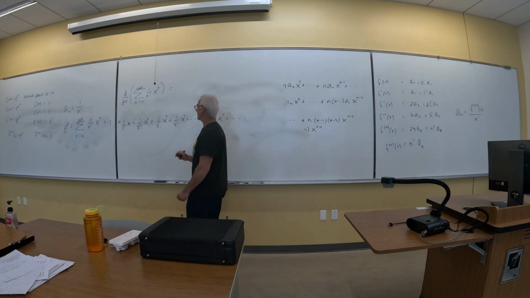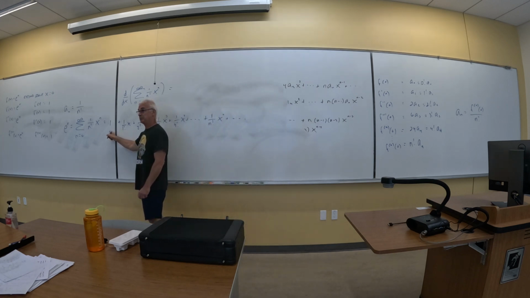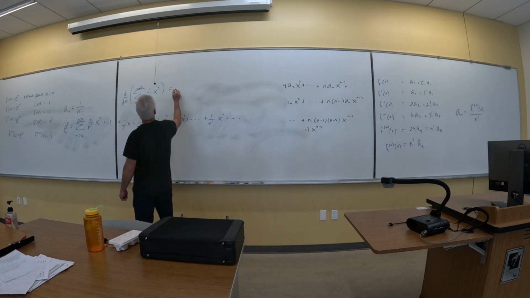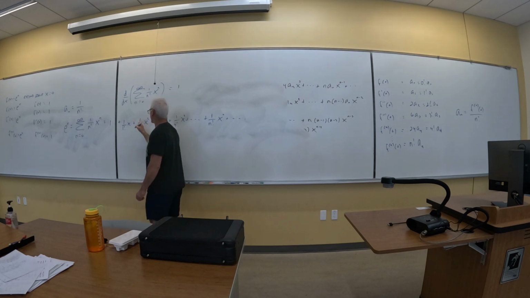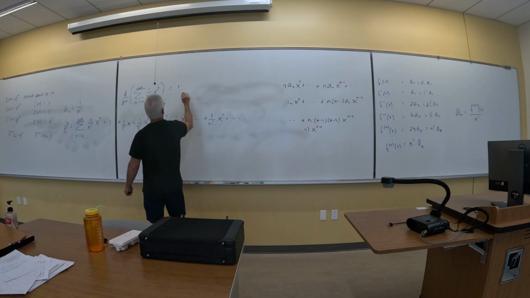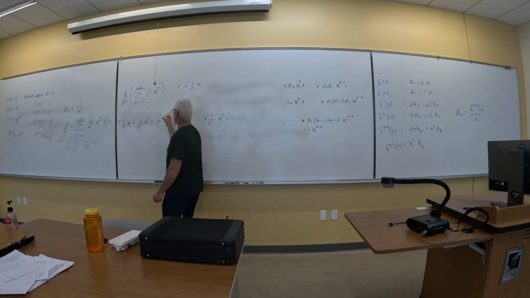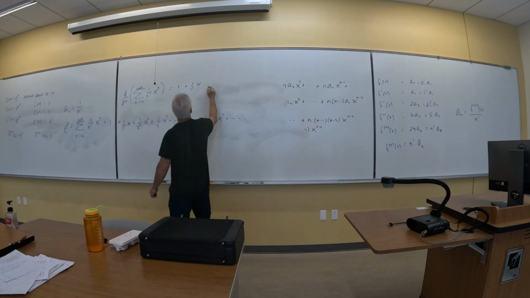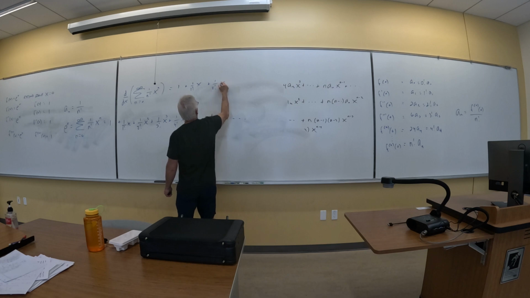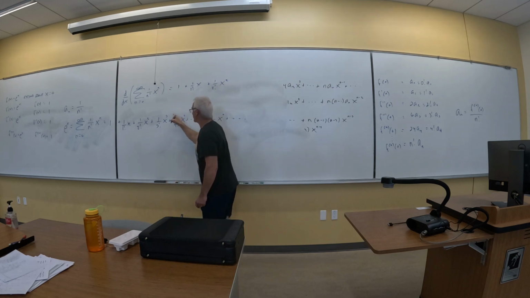Okay, so let's take the derivative. So it would be 0 plus what? 1. Now when I bring down the 2, it's going to cancel with the 2 factorial, leaving me 1. When I bring down the 3, it's going to cancel with the 3, leaving me just 2 factorial, right? Everybody see that? When I bring down the 4, it's going to cancel with the 4, leaving just 3 factorial.